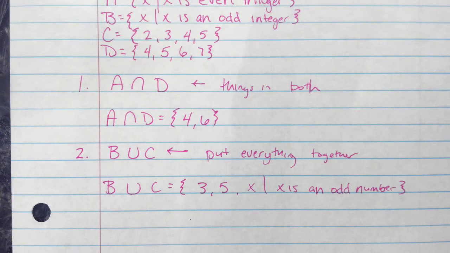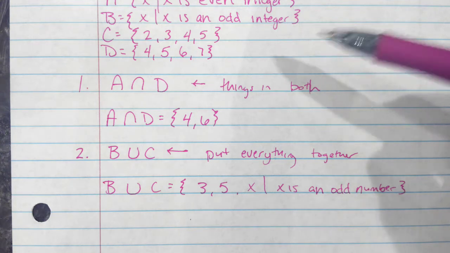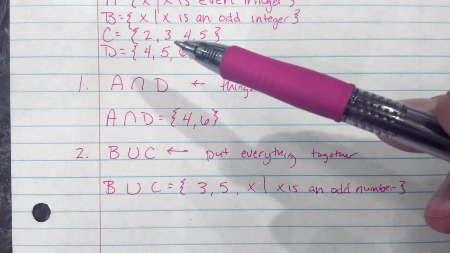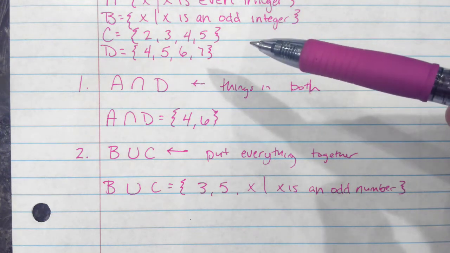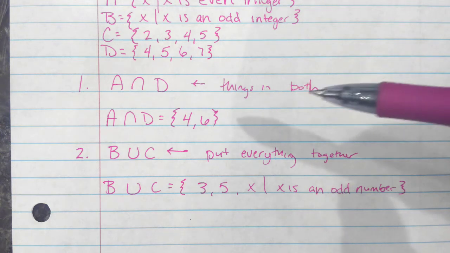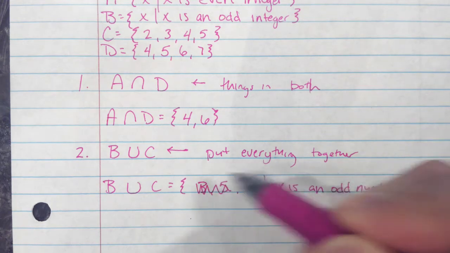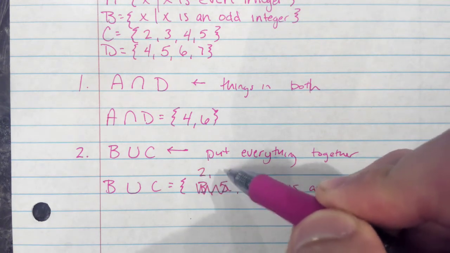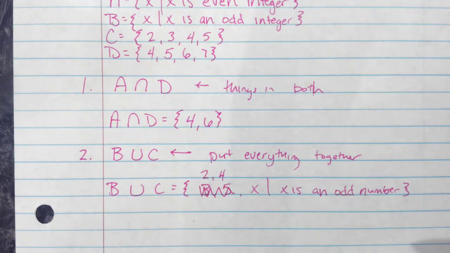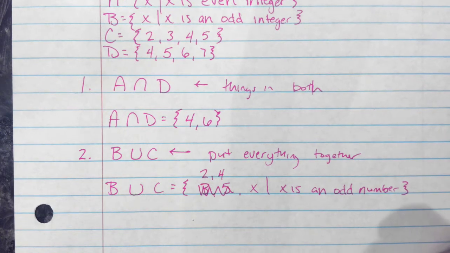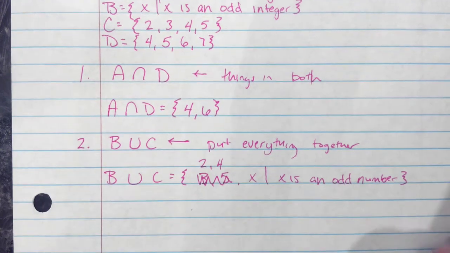That's exclusive to C, and then all of the odd numbers, which is a mix of B and C because of the 3 and 5. Oh, shoot. Did I write that down wrong? Yeah, we already had the odd numbers covered, so it's not 3 and 5. Hopefully you caught that. It would be 2 and 4 plus all the odd numbers. Sorry about that.